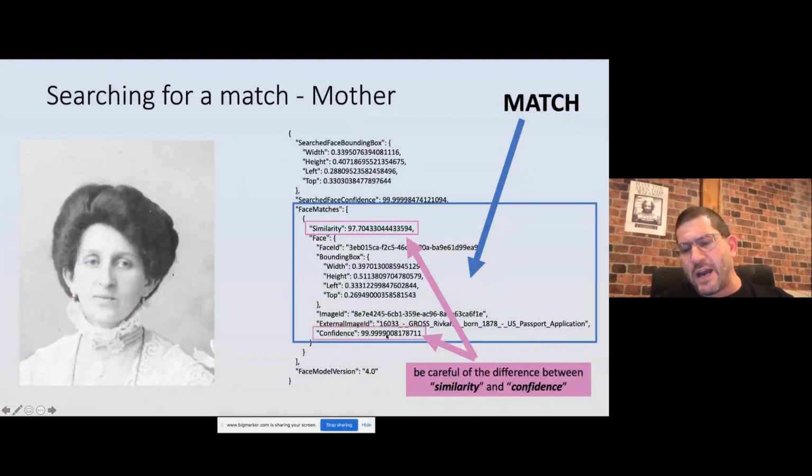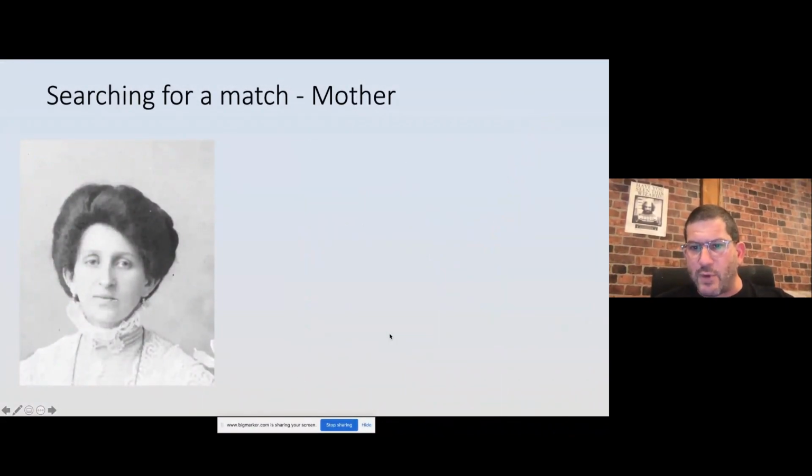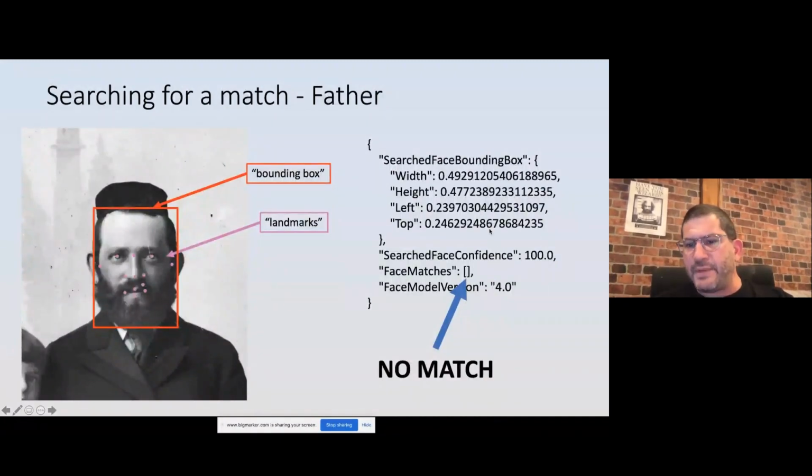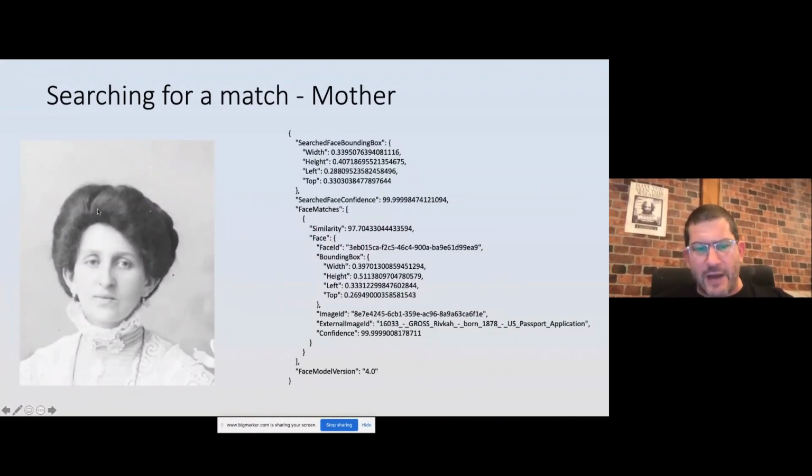And then it will show me a confidence value. And you have to be super careful because these numbers are often similar. The confidence value of Rivka, similar to what you saw a moment ago with the father, is simply saying, yes, I found a face on this mysterious woman. That's here, 99.999. And this was the confidence level of whenever I sent in the picture of Rivka Gross.